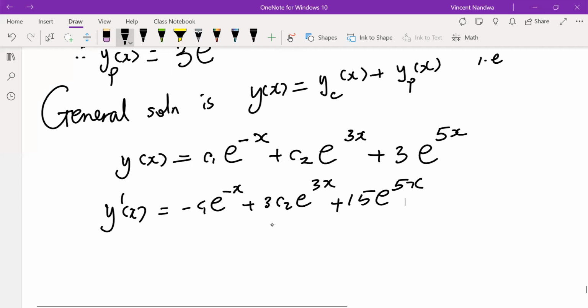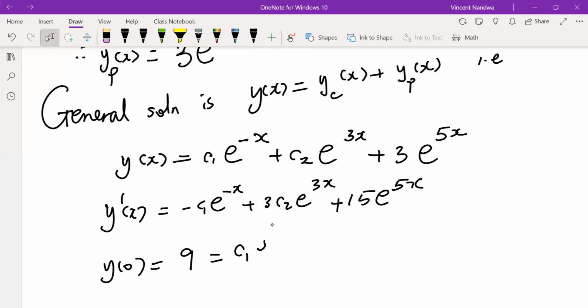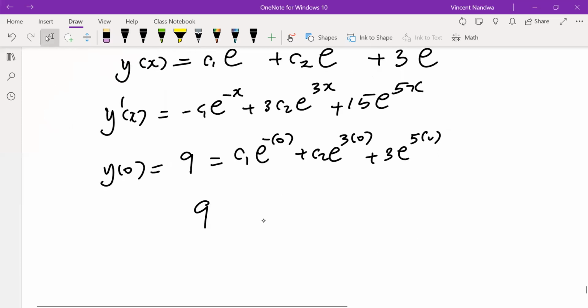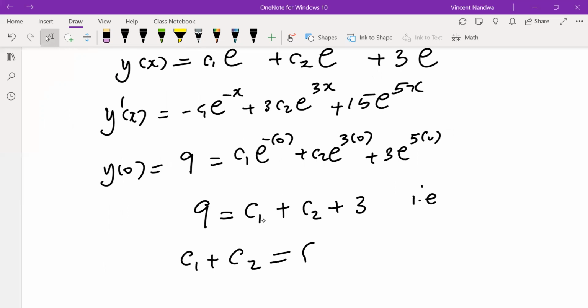Now, y at 0 is given as 9, which will be c1 e raised power negative 0 plus c2 e raised power 3 times 0 plus 3 e raised power 5 times 0, which implies 9 equals c1 plus c2 plus 3, i.e. c1 plus c2 is 6. Call this one equation 1.